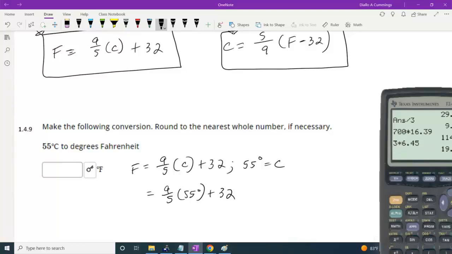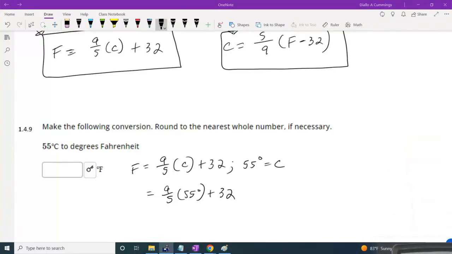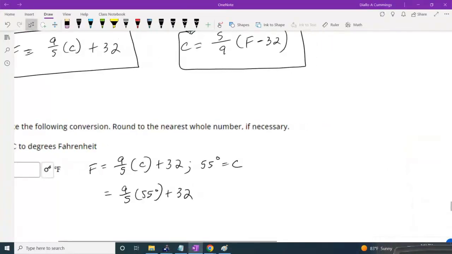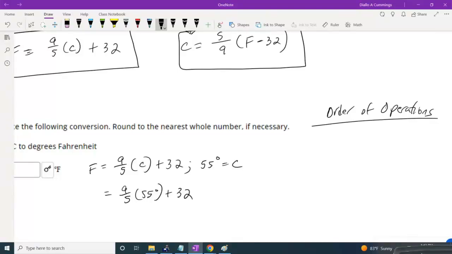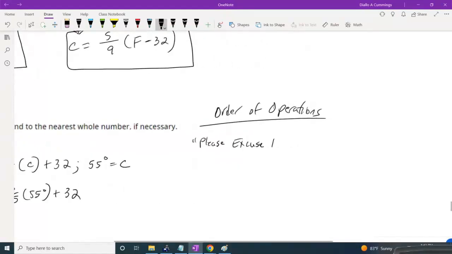Now remember your order of operations. Please excuse my dear Aunt Sally. P says you're supposed to do what's in the innermost parentheses first. So it's please, excuse, my dear Aunt Sally.